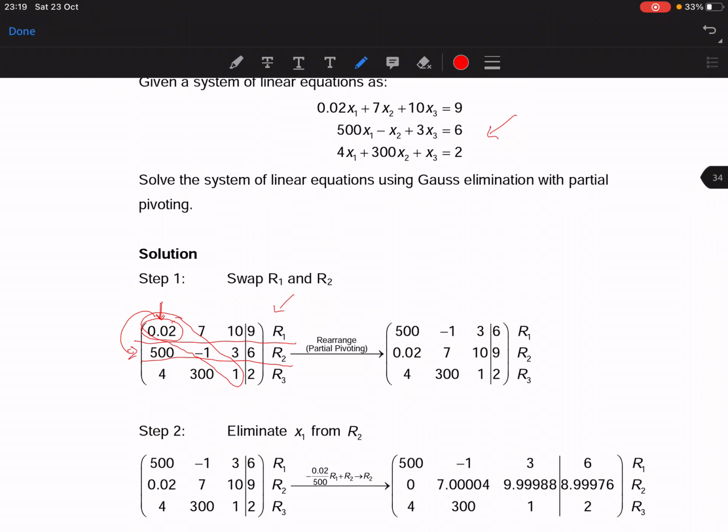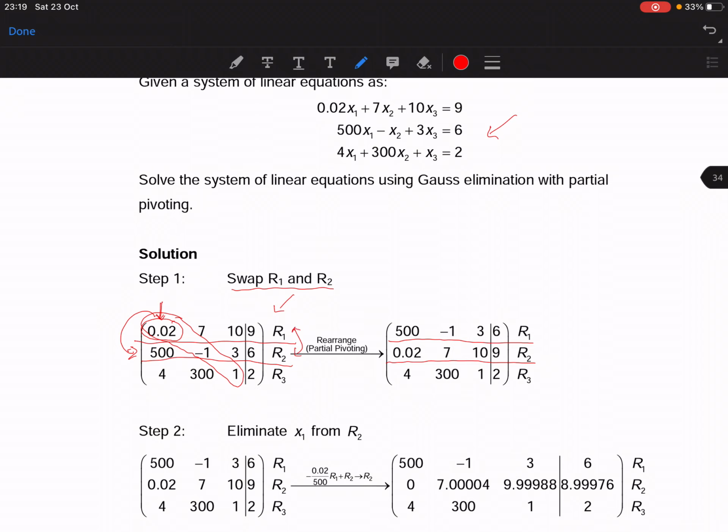Now, because we have swapped R1 and R2, our R1 has become 500, -1, 3 and 6, and row number 2 has changed. Basically we have swapped row number 1 with row number 2.